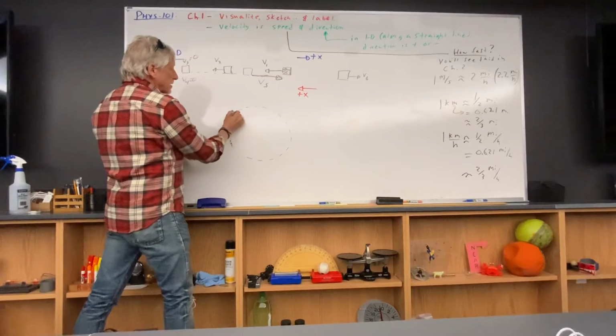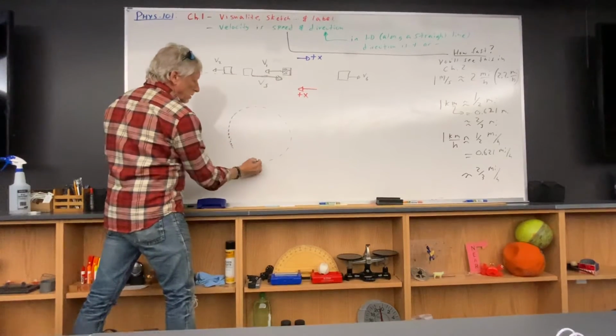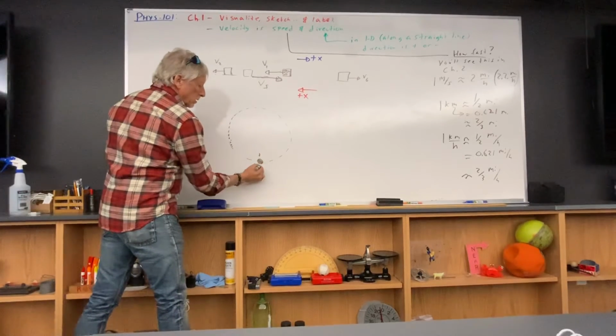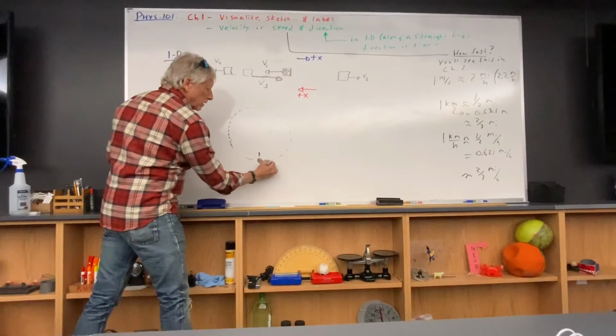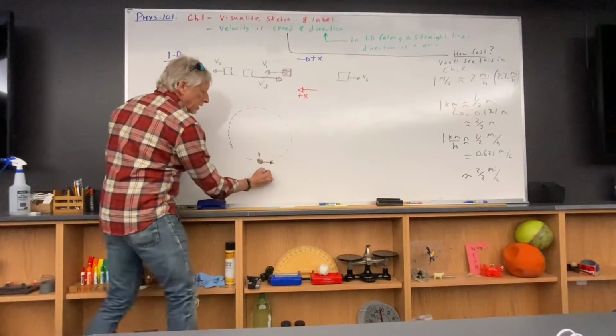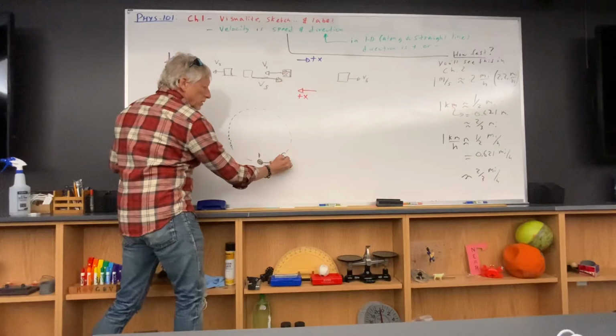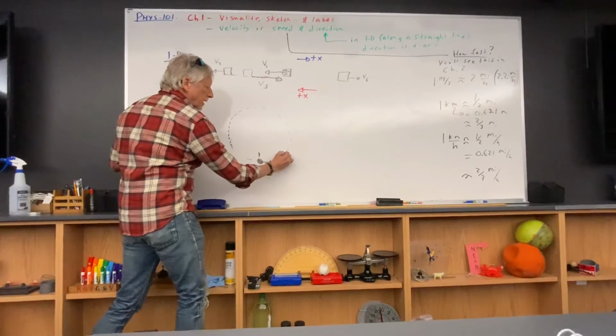And if an object is here, whatever, 1, and it's traveling, even at the same speed, I'd say V1, and then over here, I draw it tangent to the path.